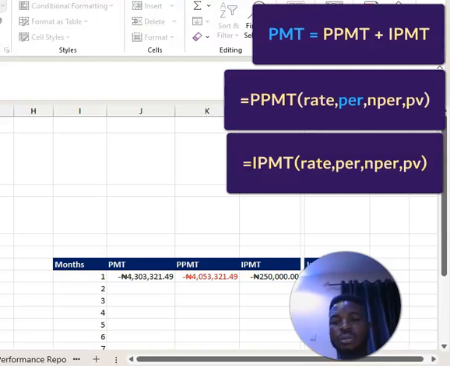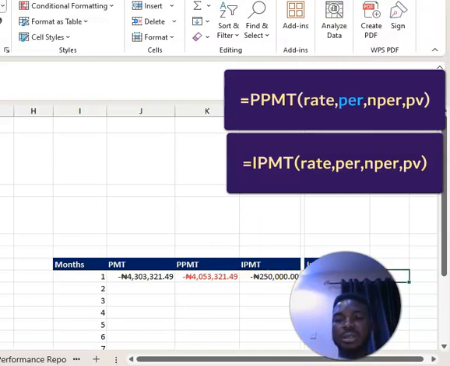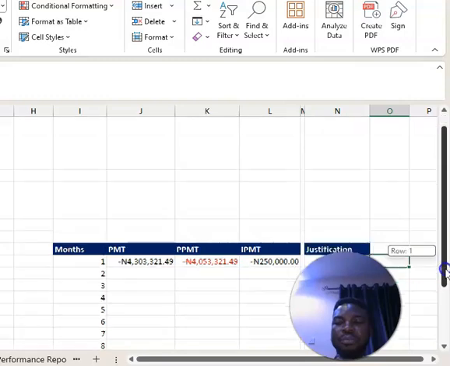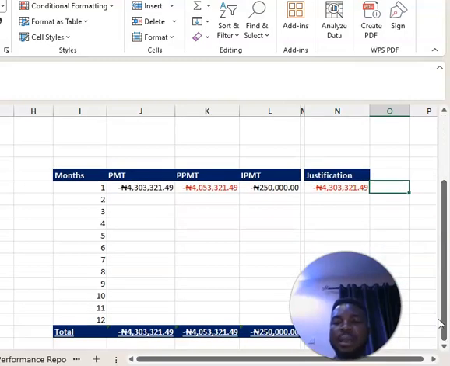Let's see, equals: if I take the principal payment and add it together with the interest, I should have my actual payment. And you can see that it is justified. Look at the value here and the value here. It is actually justified, right? So this is the amount I'm expected to pay, right?